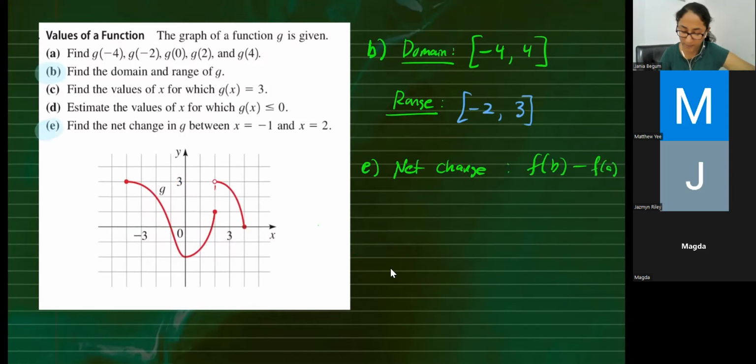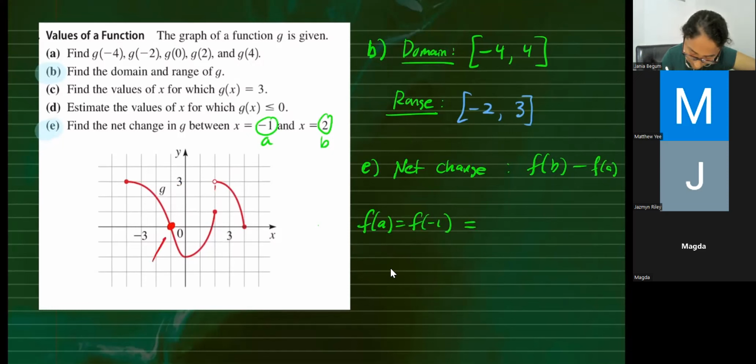So this is your A value, and this is your B value. So I need to find their y value in order for me to subtract them. So my f of A is going to be f of -1. So when x is -1, what is the y value? Well, that's right here. That's going to be 0. So f of -1 is 0.